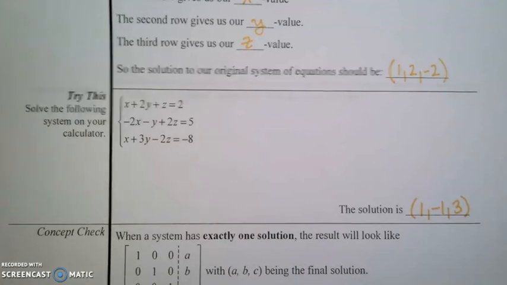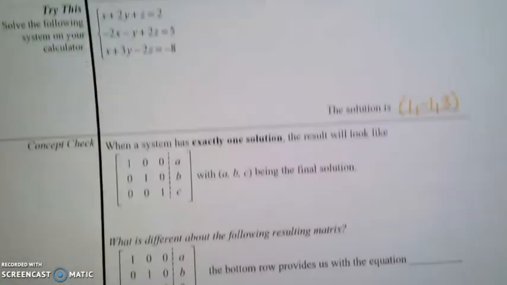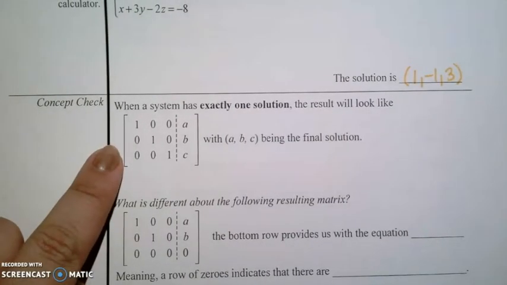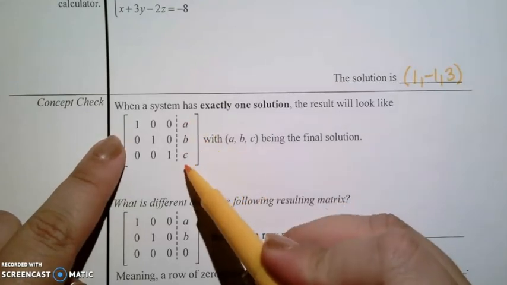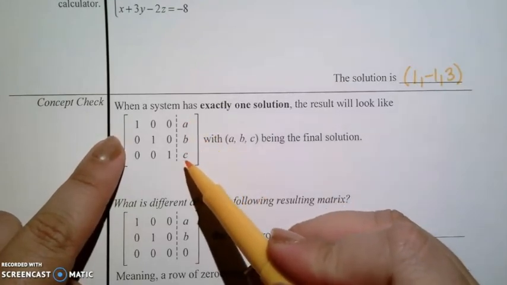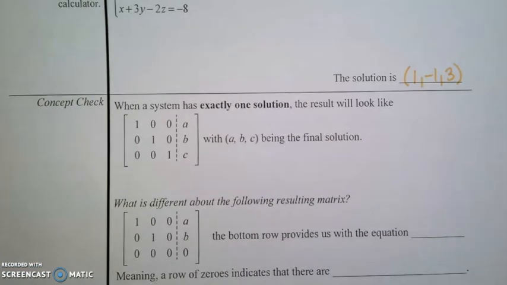All right, so let's look at the concept check. What we've seen so far are matrices that give us one solution, our solution being A, B, C. But what happens if I have no solution or infinite solutions?